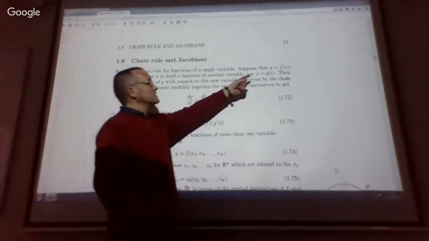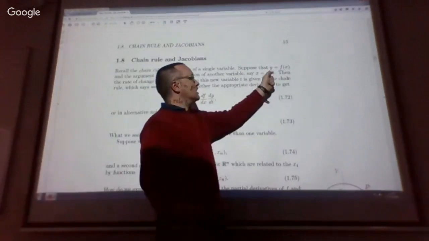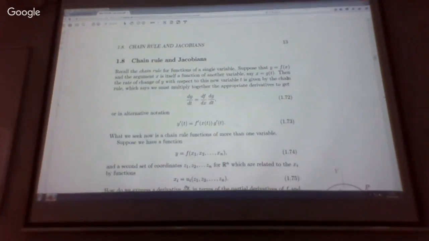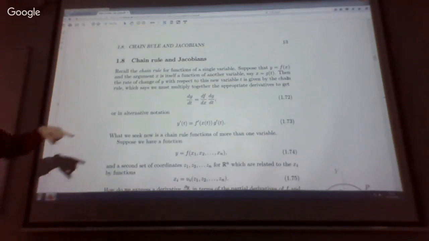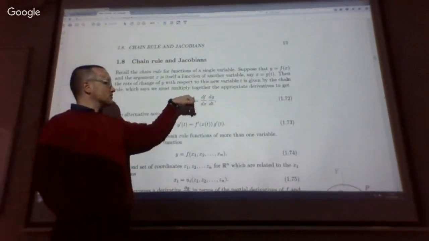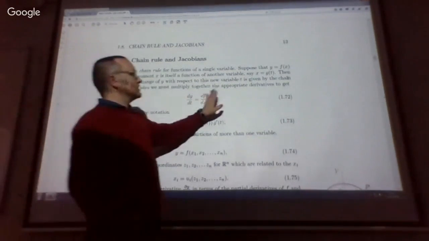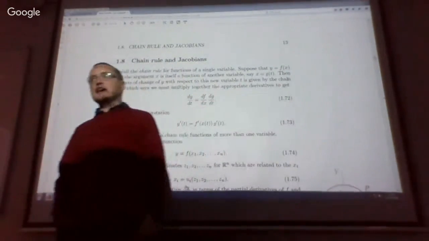So y there is the composition of f and g applied to the input variable t. So really, fundamentally, y is a function of the variable t, so we'd like to be able to express the derivative of y with respect to t in terms of the derivatives of the component functions, f and g.